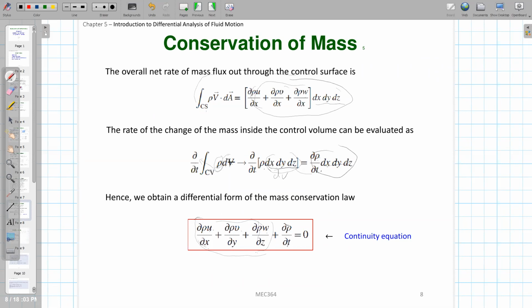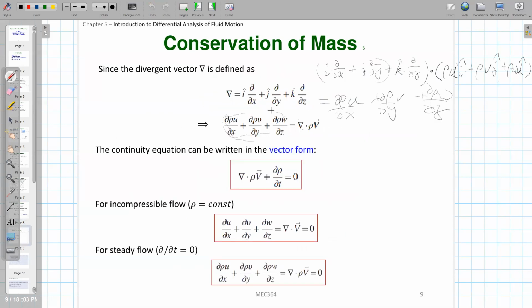So this term here we call the convective term. Convective means that you have flow motion, which means that all these three terms are due to the flow motion, because they are related to velocity. This convective term can be read as del dot, the divergence of the density times the velocity vector.